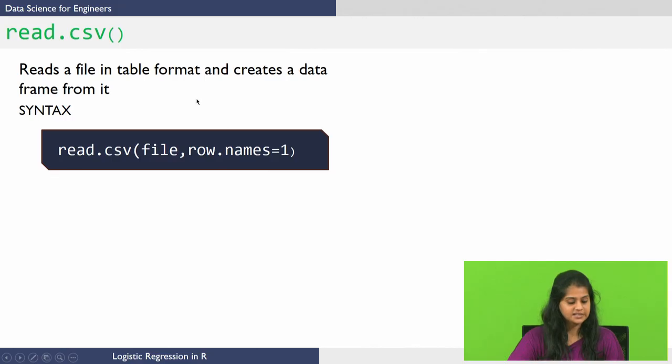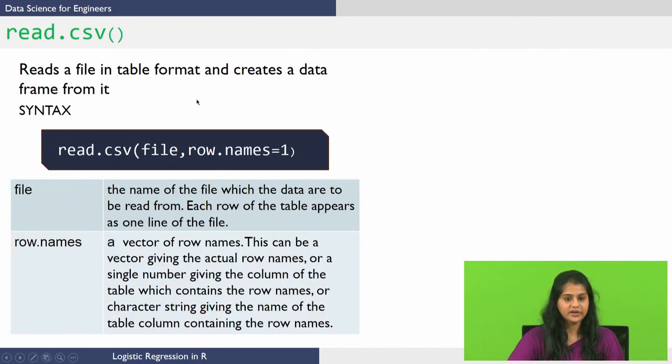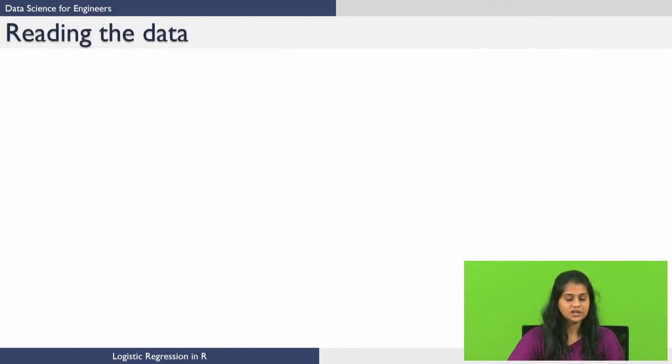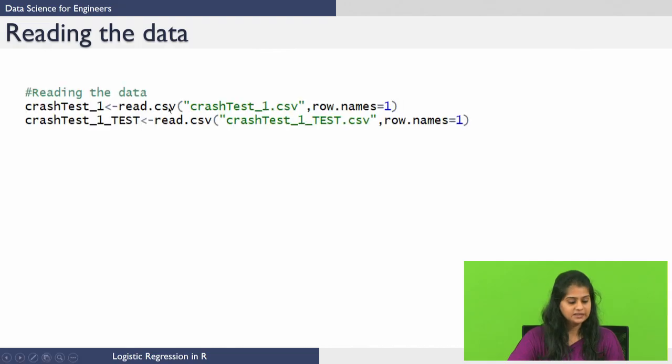The syntax is given below. The inputs are file and column name. Now let us read the data. I am going to use the function read.csv followed by the name of my file. Once this command is run, it is going to save it in an object called crash test_1, which is a data frame.